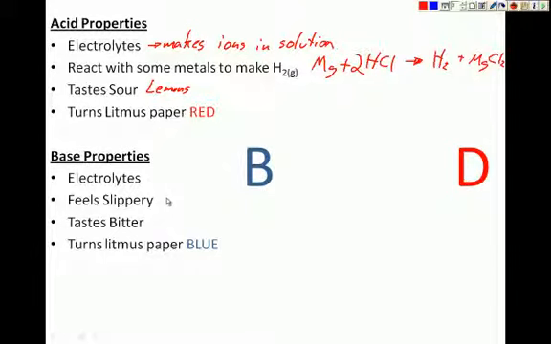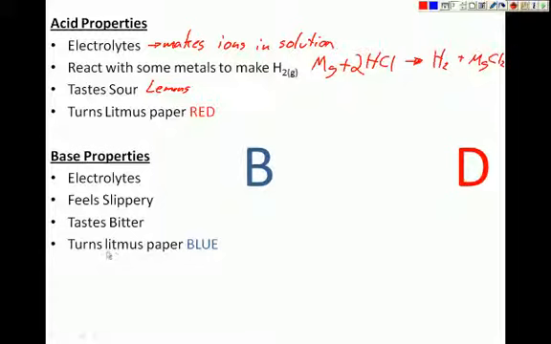Soap is quite slippery, and other bases will feel slippery between the fingers if you rub them together. Bases often taste quite bitter, so they're not sour, they're bitter, and bases also turn litmus paper blue.